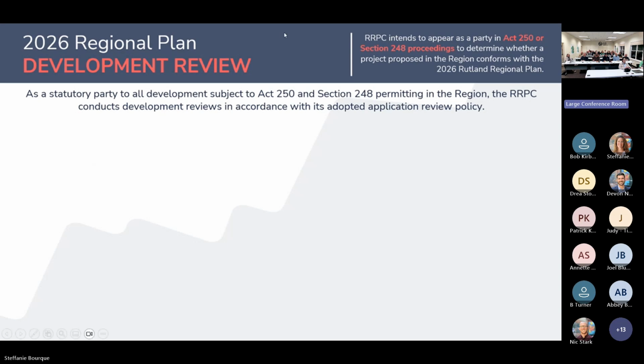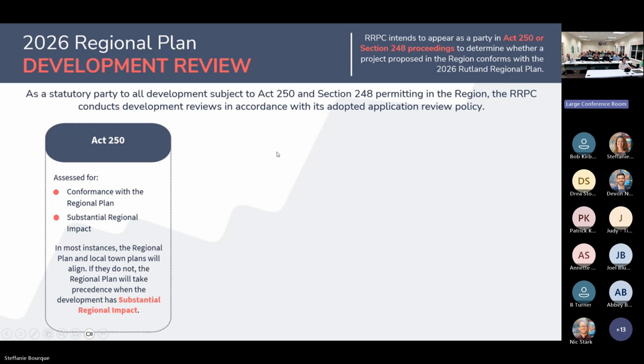The Regional Planning Commission conducts its development reviews in accordance with its adopted application review policy. So in terms of Act 250, any Act 250 applications in the region are assessed by the RPC for conformance with the regional plan and whether the activity would constitute substantial regional impact.